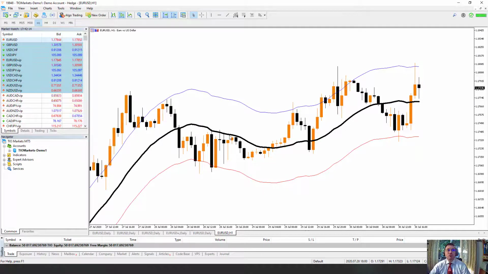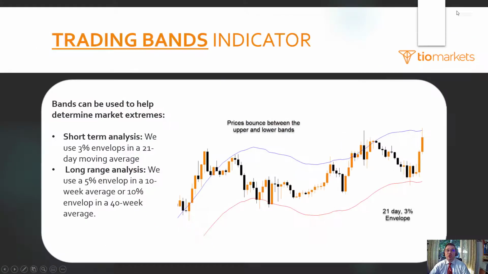So this move between the middle line here and the red or the upper, the blue line, is 3% in either direction. So what these bands show us is the 3% extremes above and below the 21-day moving average. It sounds confusing, but there's another 1 or 2 slides here that will clear up the mystery quite fast.